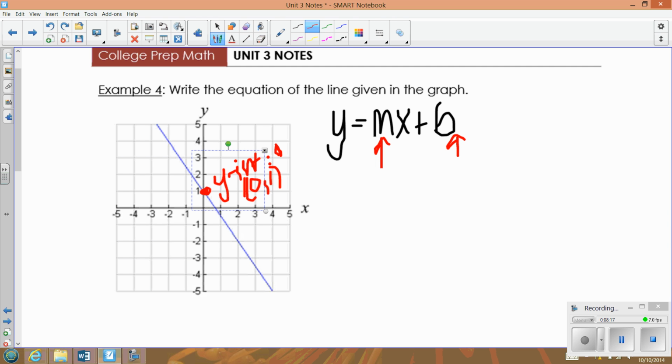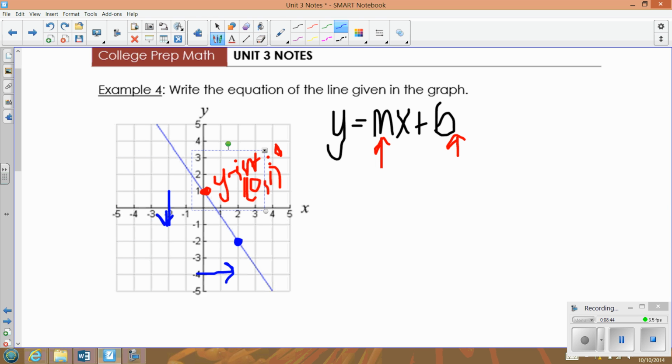And then to figure out the slope, we need to figure out another point so that we can count the rise over the run. So if I look, I see that I have another point right here that's landing on an x and y value that are both whole numbers. So I can use that as my way to count. So in this case, I'm looking at my rise over run, which is really going down first when I start at this red point.